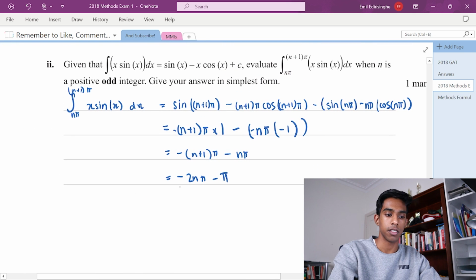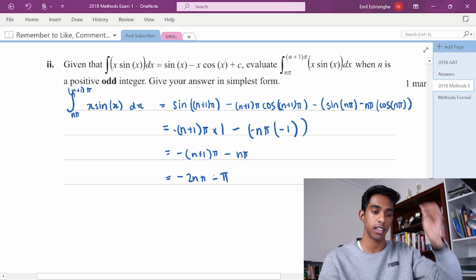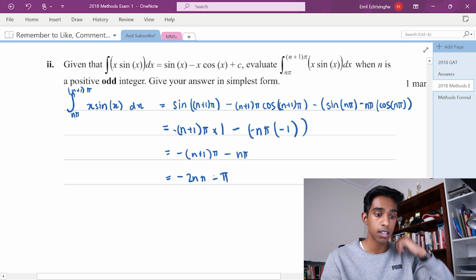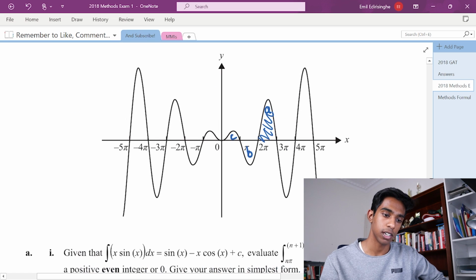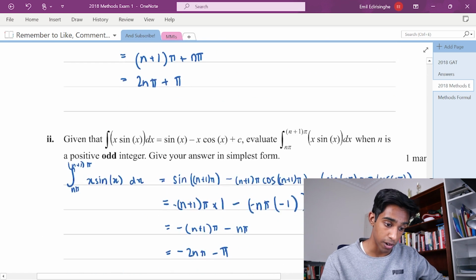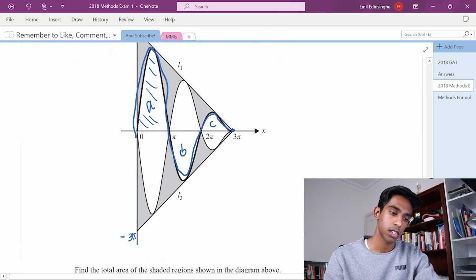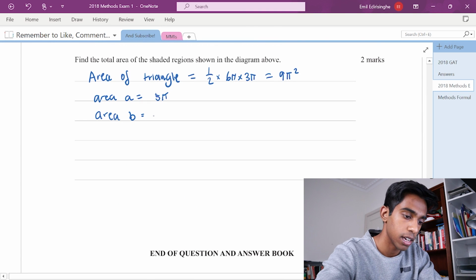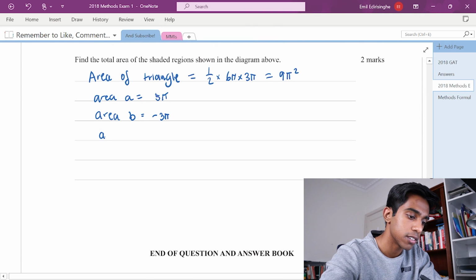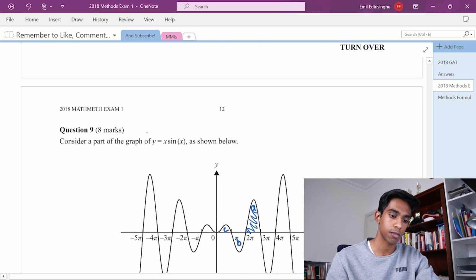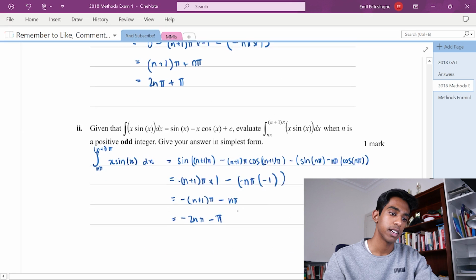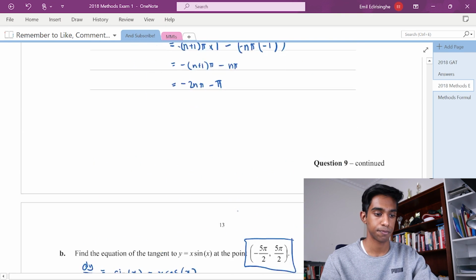So we've got this, which is negative 2n pi minus pi. That's going to give us 3 pi. So area B is going to be negative 3 pi, and then area C is going to be from 0 to pi, and that is going to be just pi.